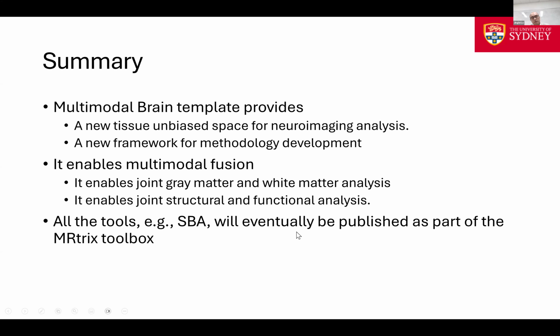It enables joint gray matter, white matter analysis. And also it's great for joint structure and functional analysis. All the tools I mentioned, for example, the streamline-based analysis, will eventually be published as part of the MAtrix toolbox. So welcome to use them in the future.